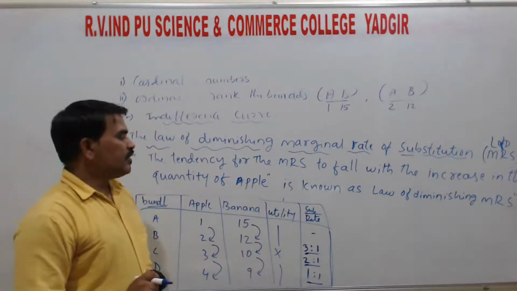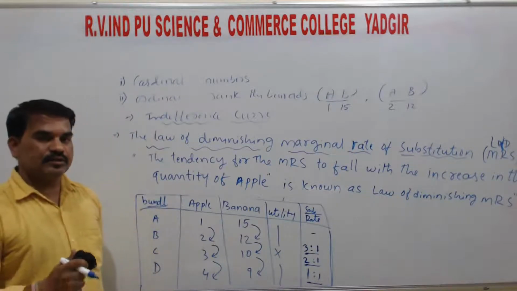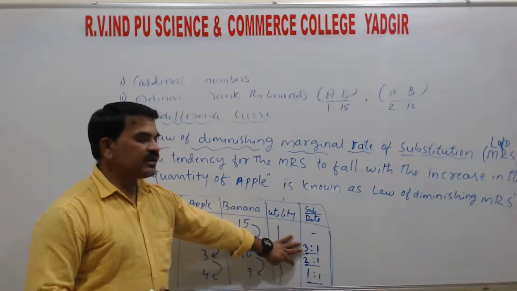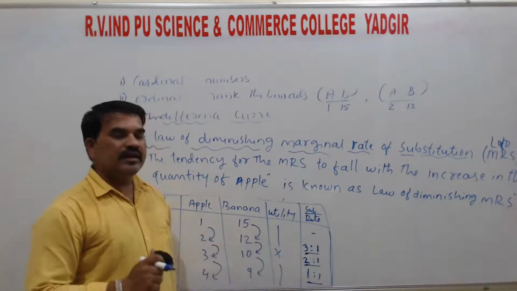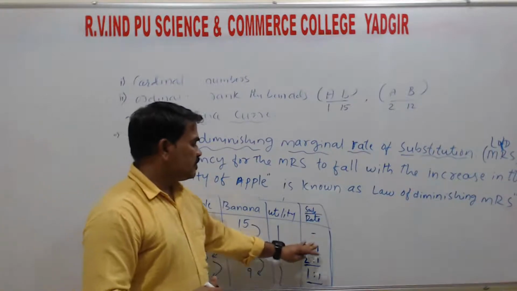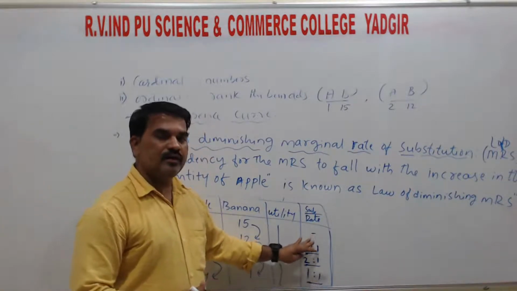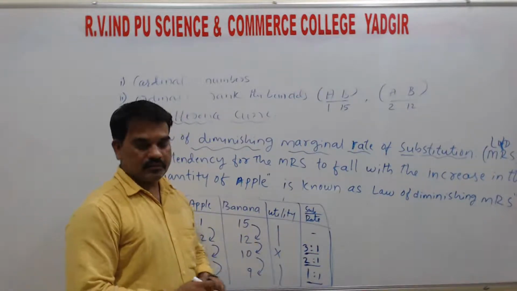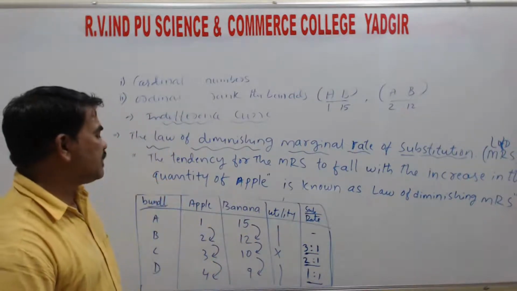But if we have a perfect substitution, then what will economics say? If we get the perfect substitution, this rate of substitution will not decrease, it will not diminish. I will give an example here.